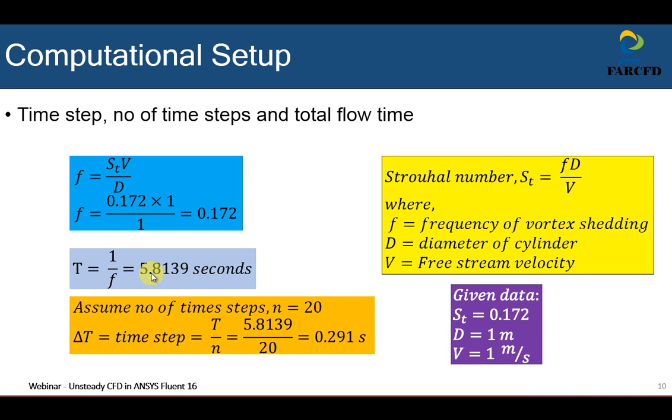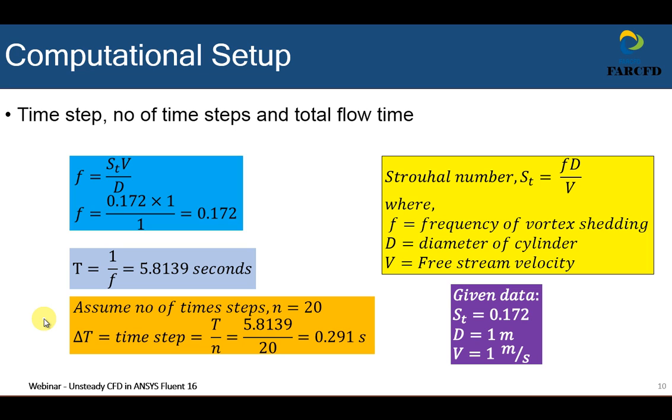5.8139 seconds. Now we want to divide this time period into 20 equal intervals. If we use a time step size equal to the time period, we will not be able to see any vortex shedding. So the higher the number of time steps, the higher the accuracy of results.